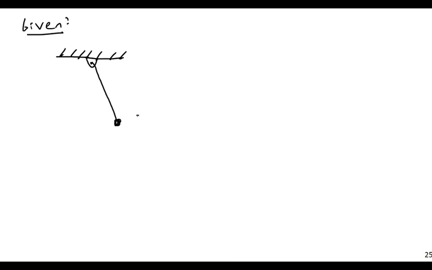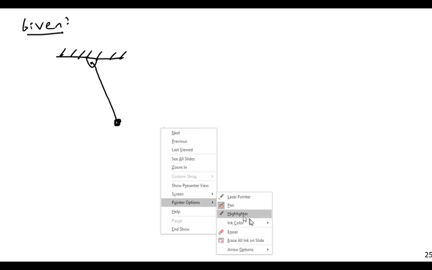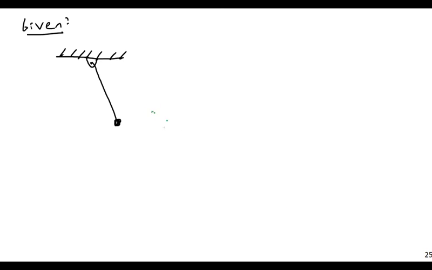We'll assume that this is a weightless cord, ideal pendulum, that kind of thing. This thing has a length of 2 meters, and it moves in a circle in a vertical plane. So it's going to go back and forth and back and forth and back and forth.